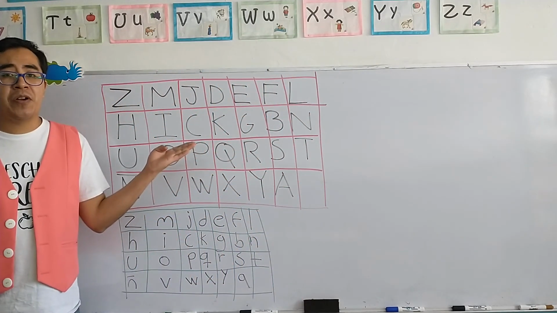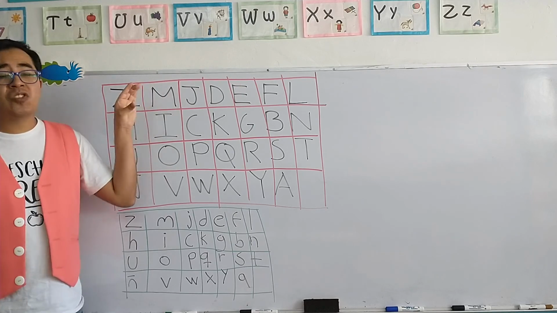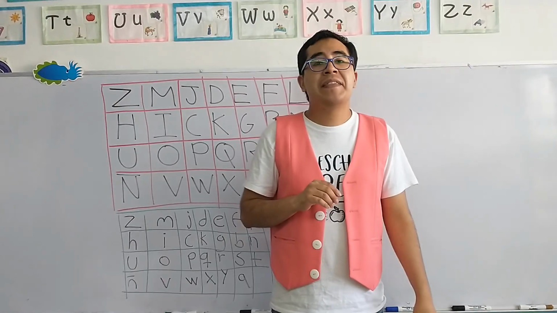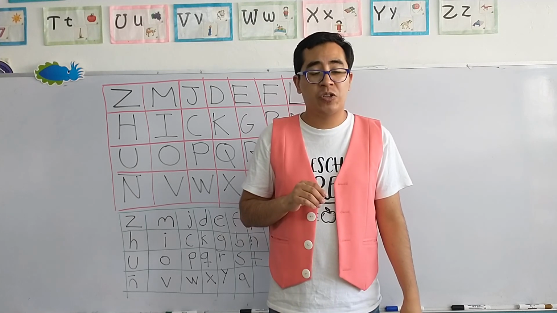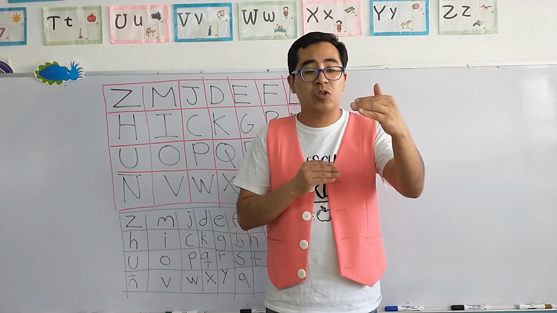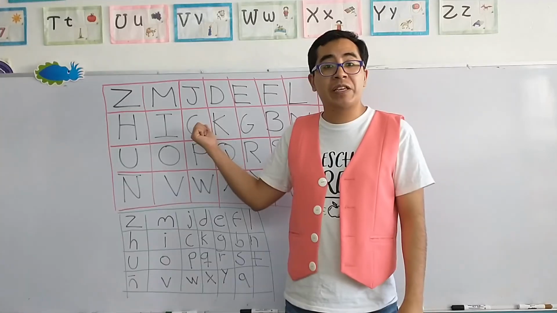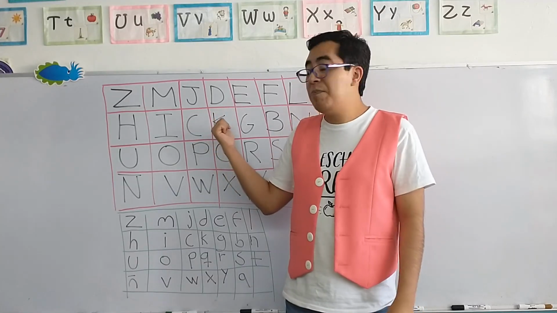As you can see here, we have several squares. Inside each one of these squares, we have the letters in disorder. En su hoja impresa aparece un ejercicio similar al que yo tengo detrás de mí, aquí en el pizarrón.